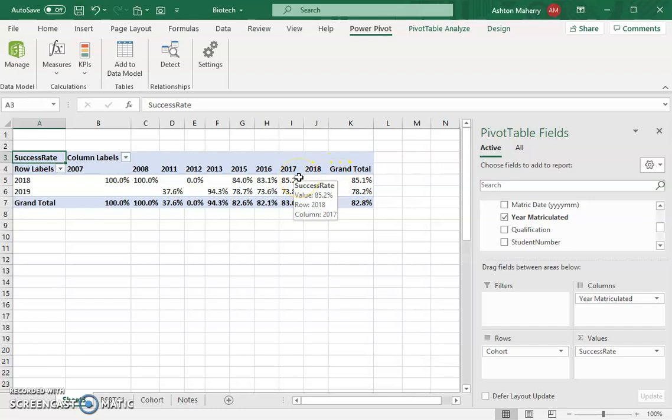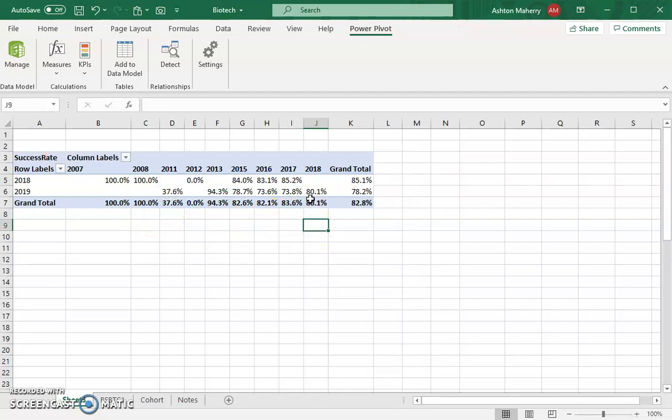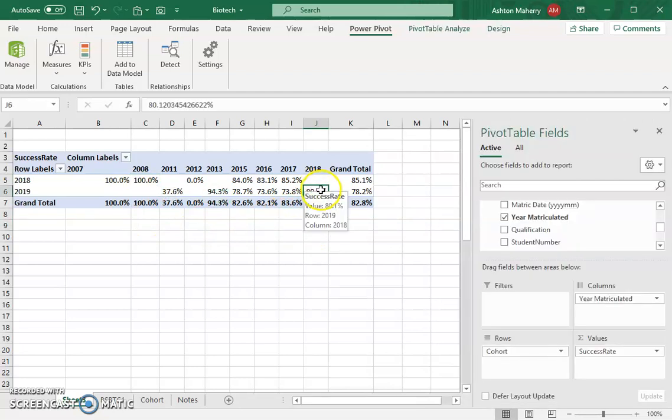No, actually over here, for the 2018 cohort, those students that matriculated the year before are sitting at a success rate of 85%. The highest, except for those older students over there. And again, if we have a look at the 2019 cohort, we sit with 80% for students who matriculated the year before, doing significantly better than the students who've actually had a gap year.